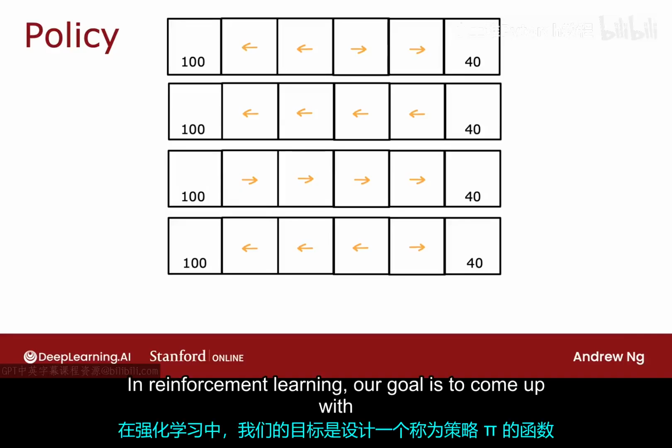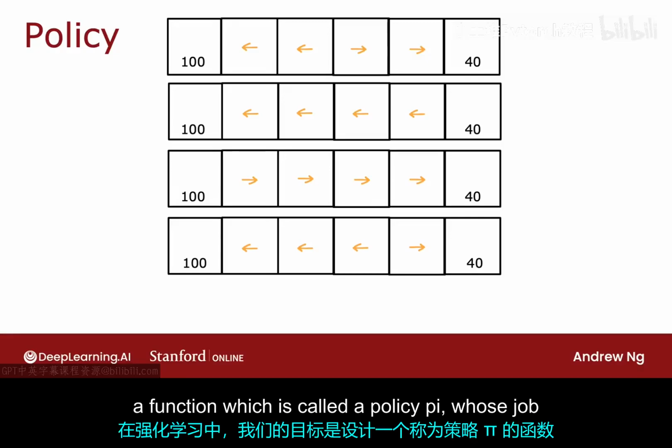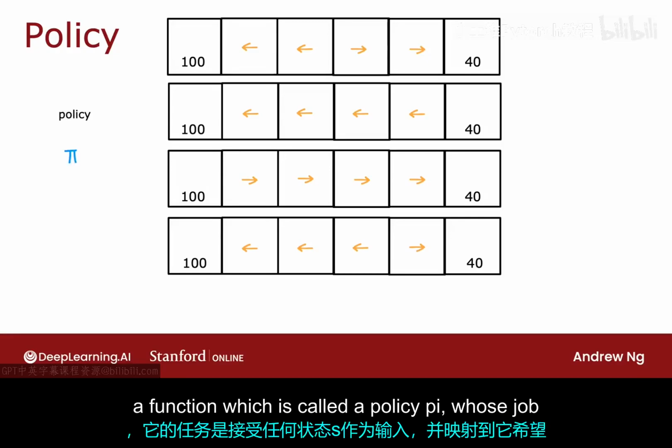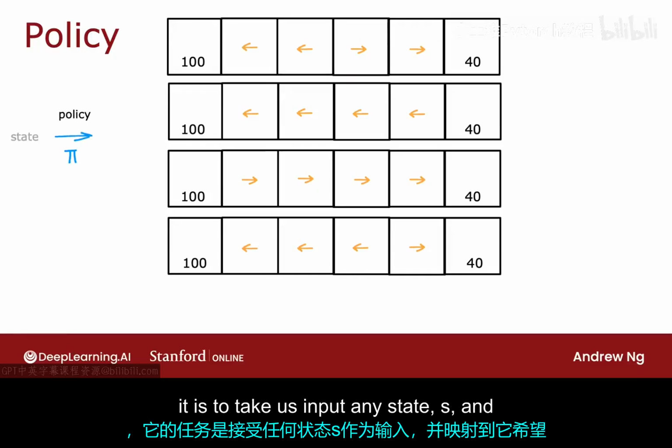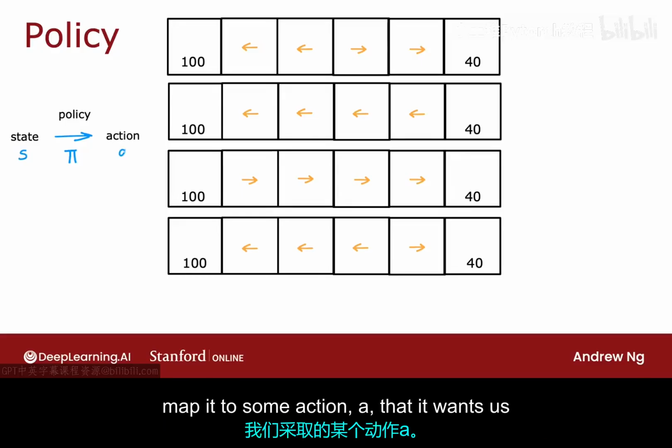In reinforcement learning, our goal is to come up with a function which is called a policy pi, whose job it is to take as input any state S and map it to some action A that it wants us to take.